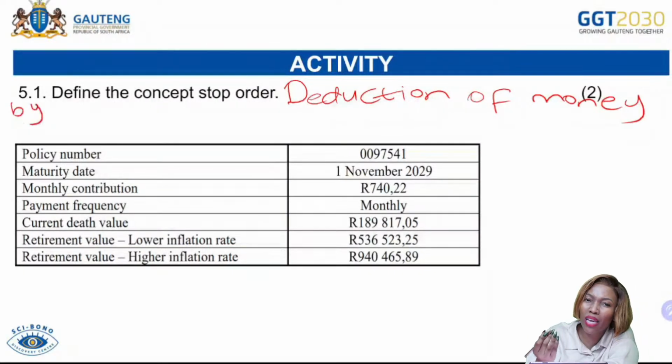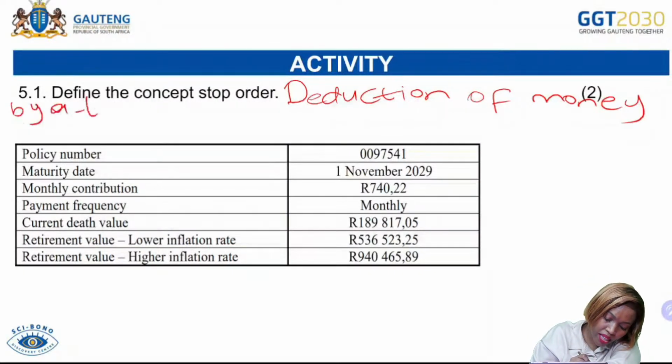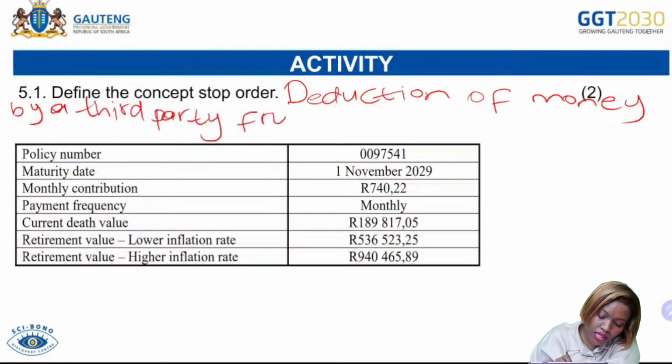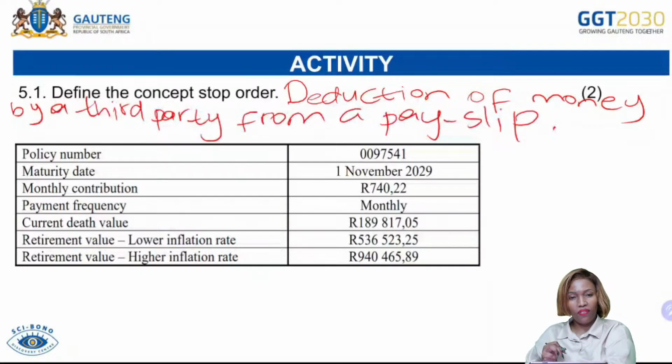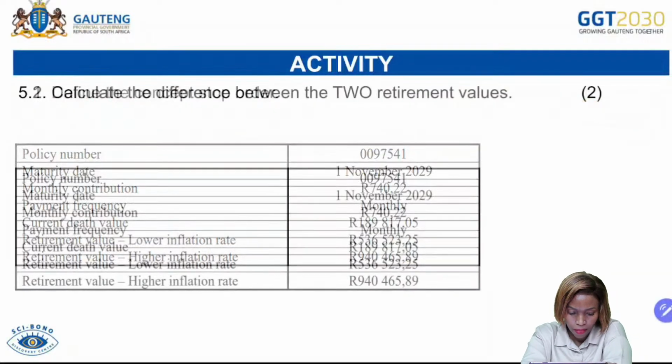A third party could be a company. By a third party from a pay slip. That's it for 2 marks, so you must know your definitions, please.